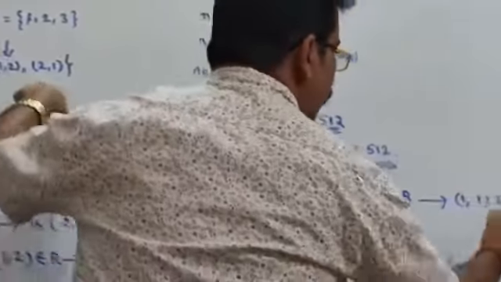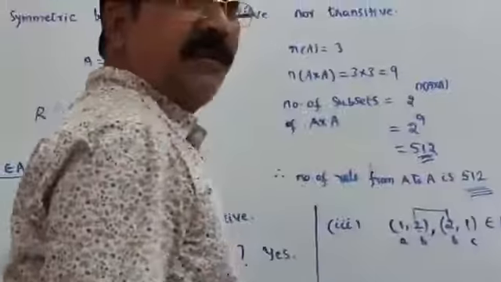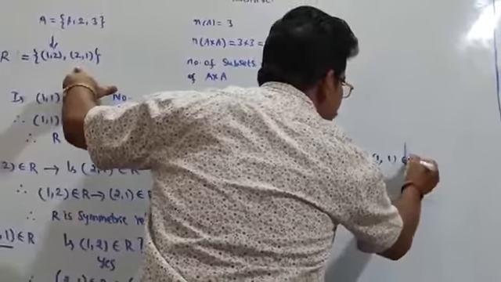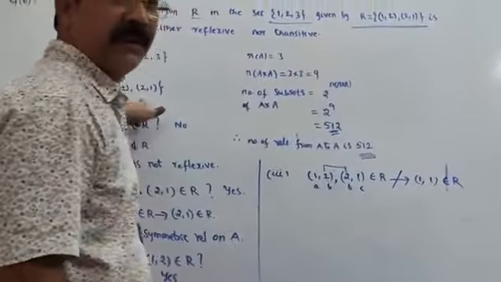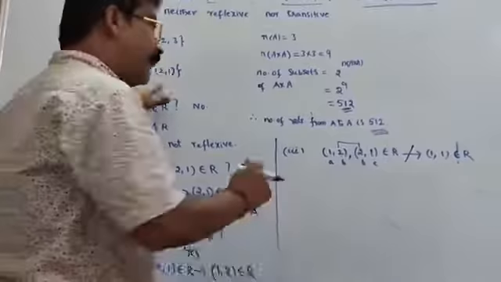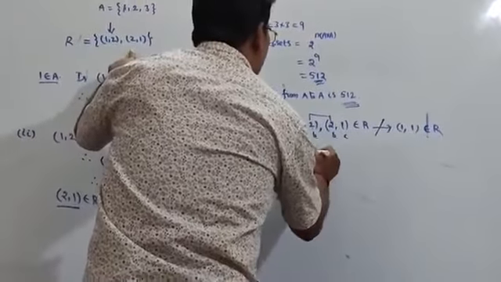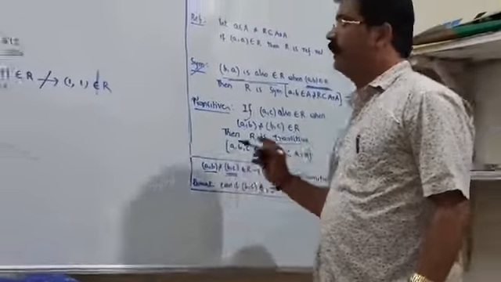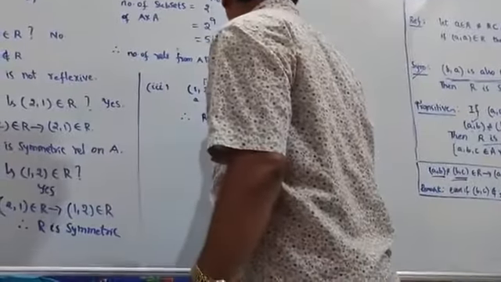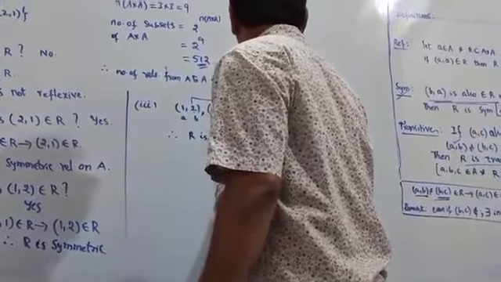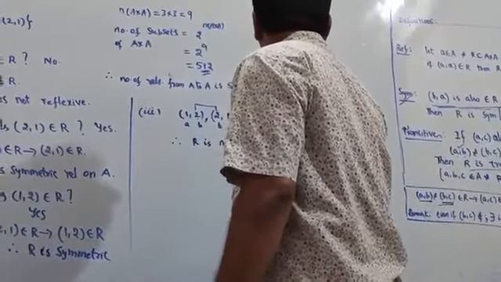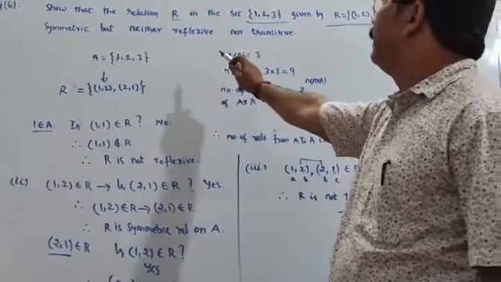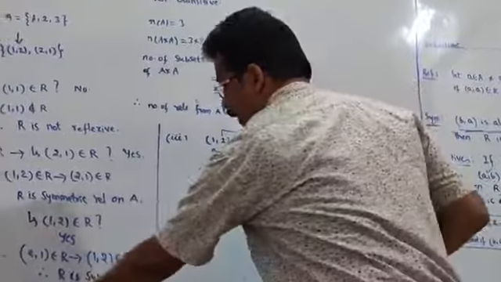No. So we can write it does not belong to, and we can strike out the implication. Therefore this condition has failed. Therefore R is not transitive. Therefore R is only symmetric, neither reflexive nor transitive. Hence the problem.